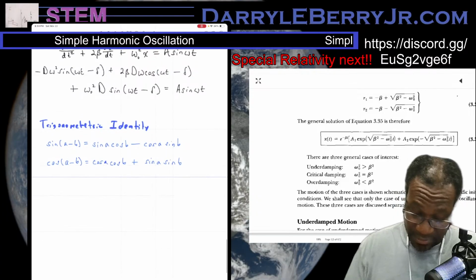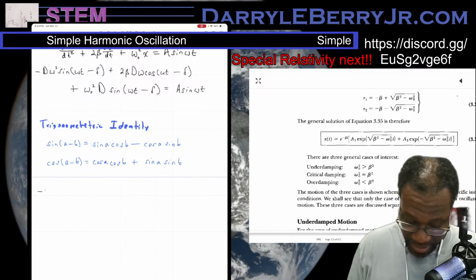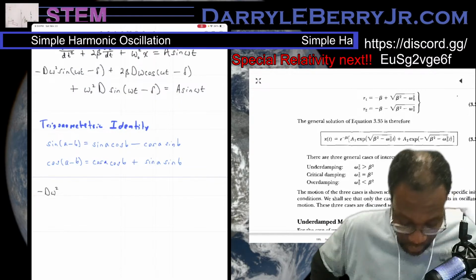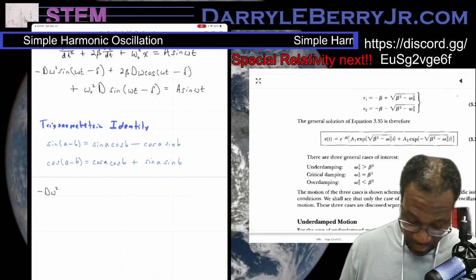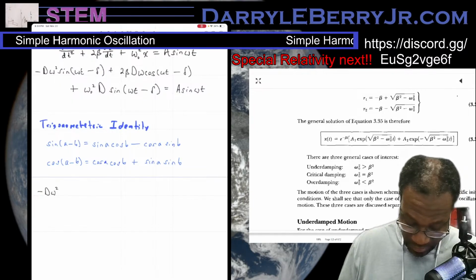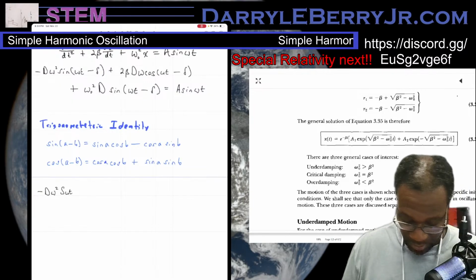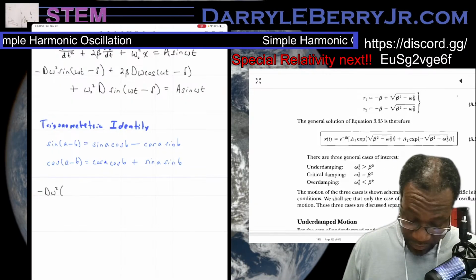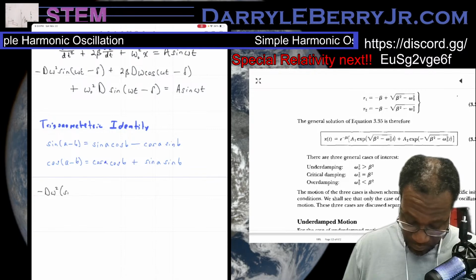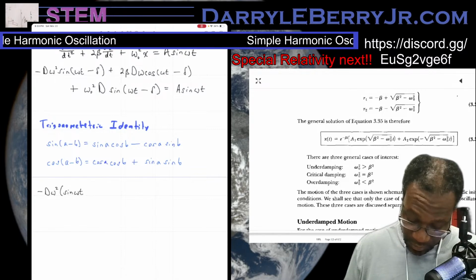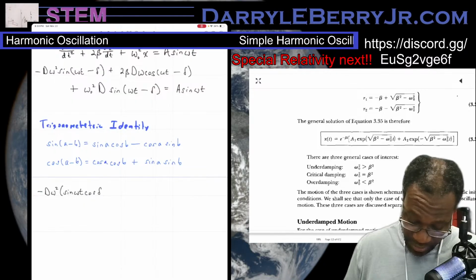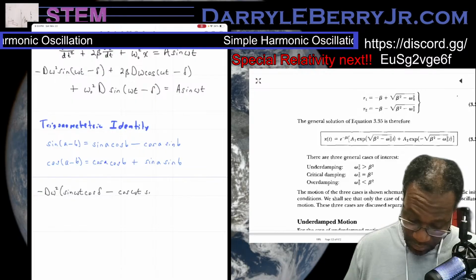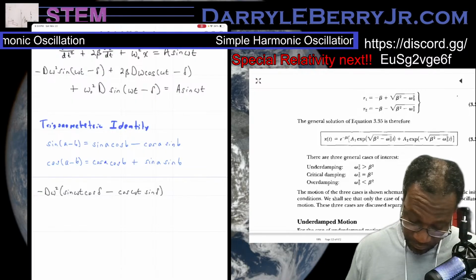What we're going to do now is plug this in. So I'm going to have negative D omega squared, and maybe now I'll do the shortcut I was telling you about. So this is sine omega t. Let me write it out: sine omega t cosine delta minus cosine omega t sine delta.